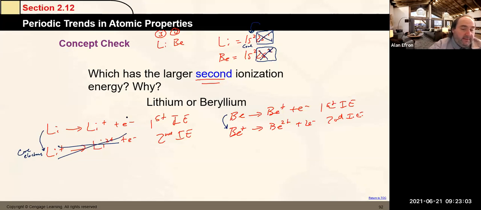Because it's going to be a really high number, we would expect lithium to have a much higher second ionization energy than beryllium, because beryllium is still in its valence electrons at that point and would not require as much energy as lithium would. Any questions on that?